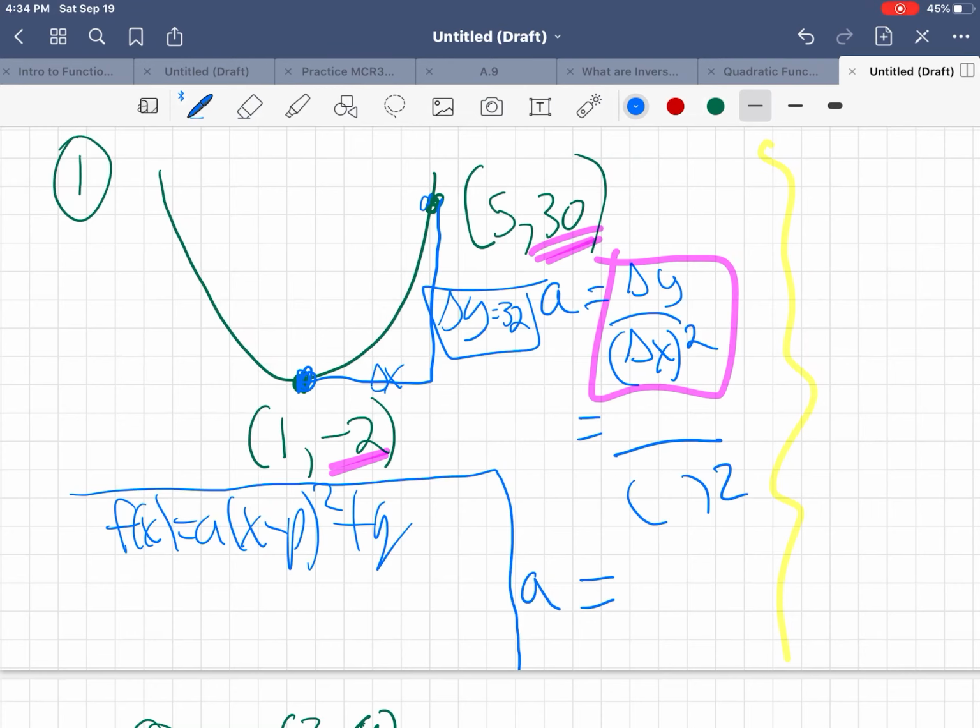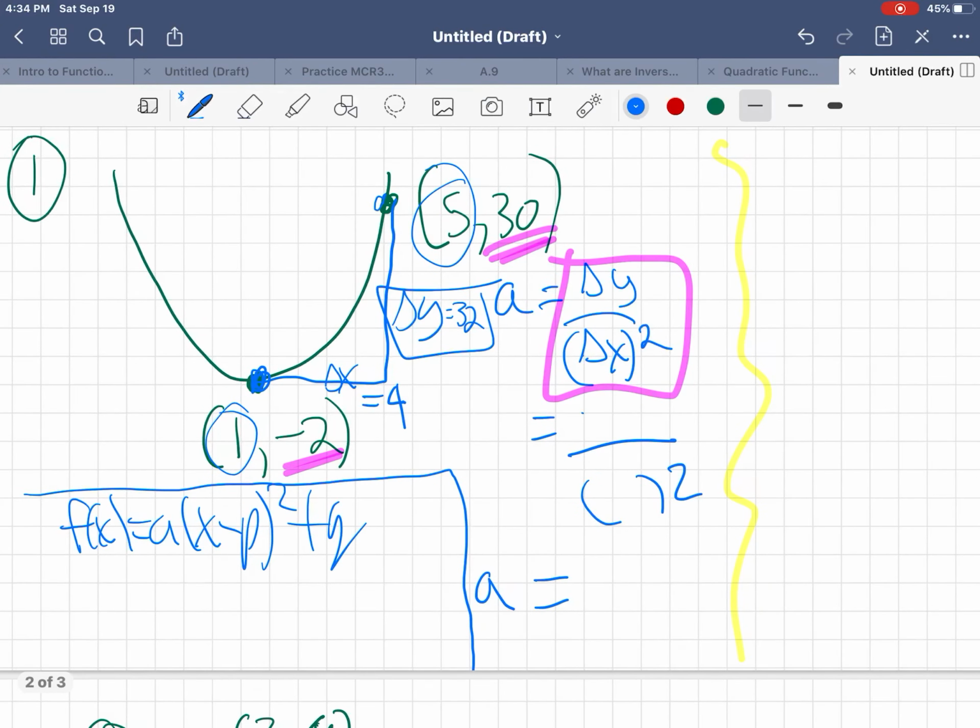Well, delta x goes from 1 up to 5, so delta x is 5 minus 1, that is 4. Let's go to our formula. Delta y is 32. Delta x is 4, and 4 squared is 16. 32 divided by 16 is 2. A is 2. Delta y over delta x squared.